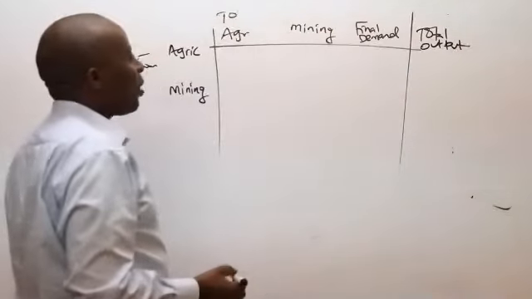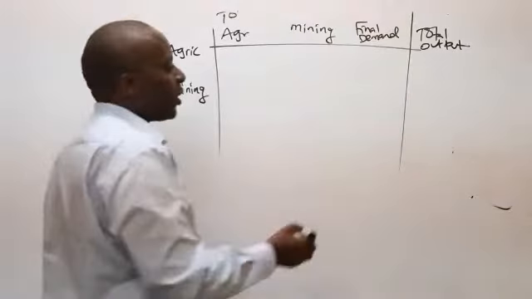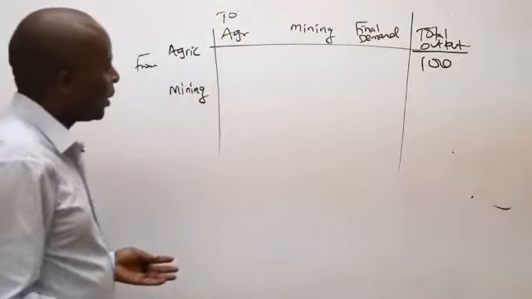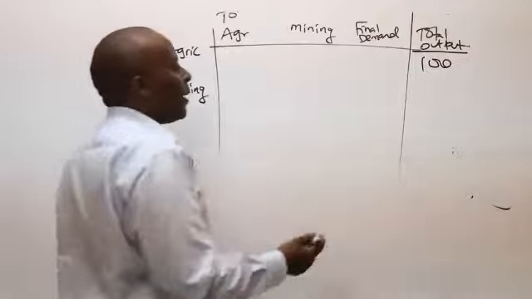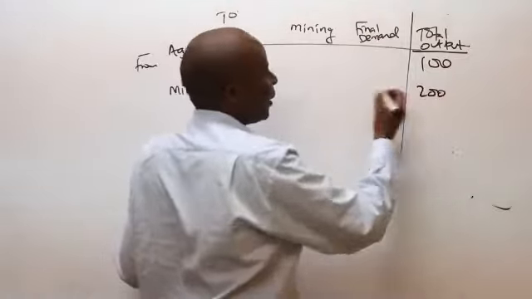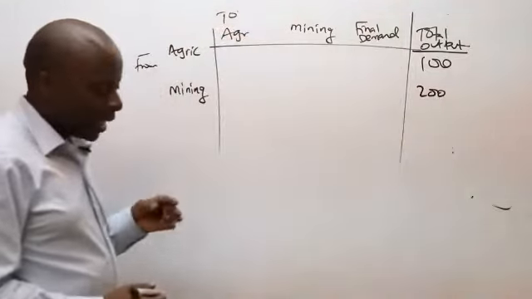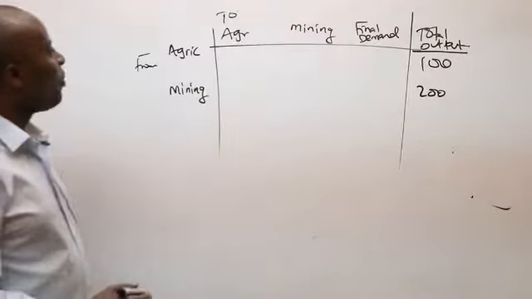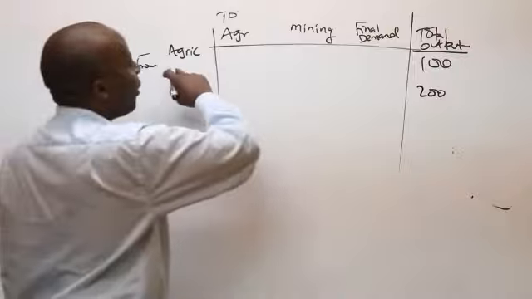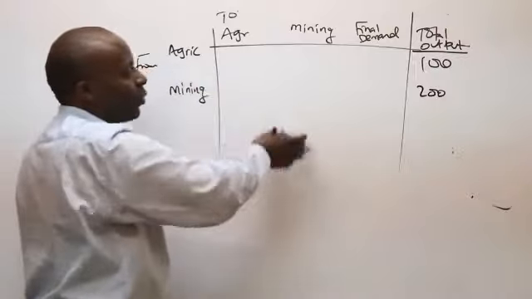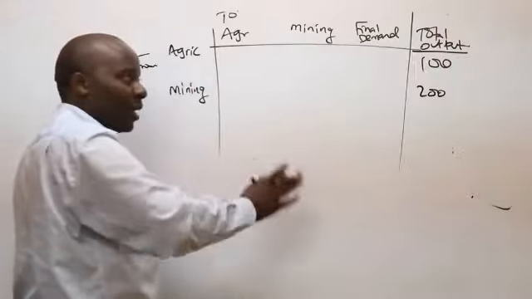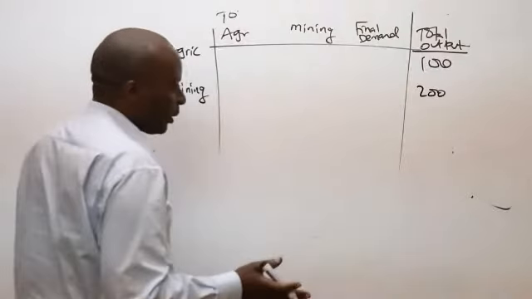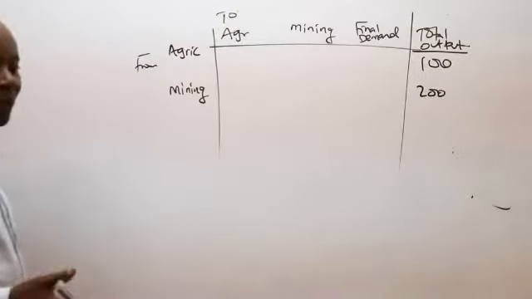It will tell you that agriculture in the year produced 100 kilograms, could be 100 million kilograms, and for example, mining produced 200 kilograms of limestone. Limestone is quite useful. From agriculture, there will be quite a lot of transfers between sectors. That's very normal.